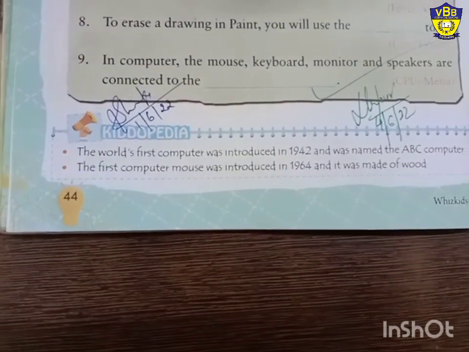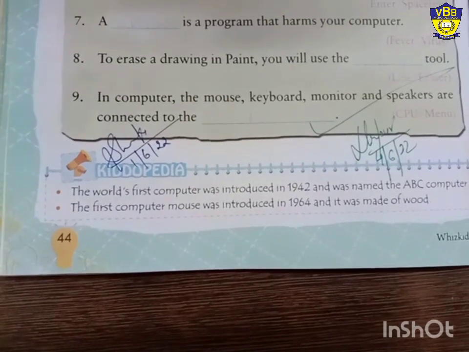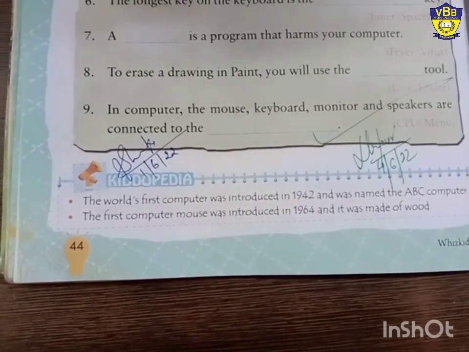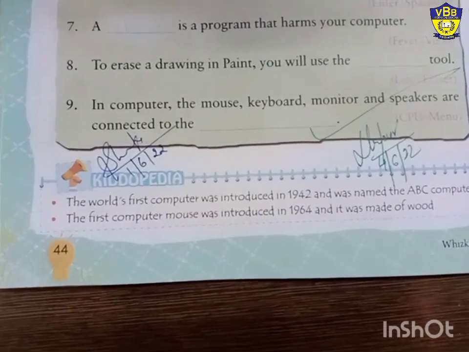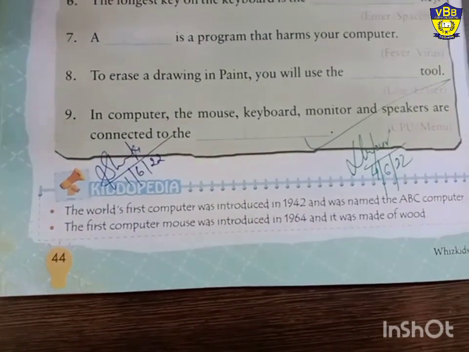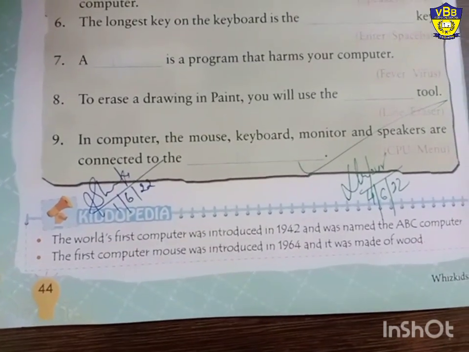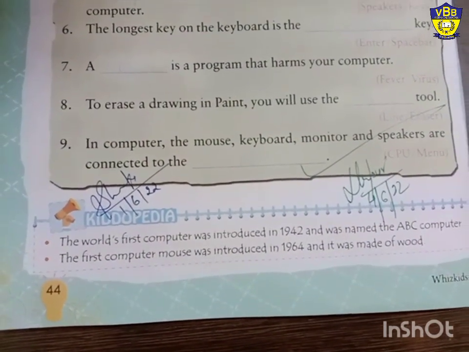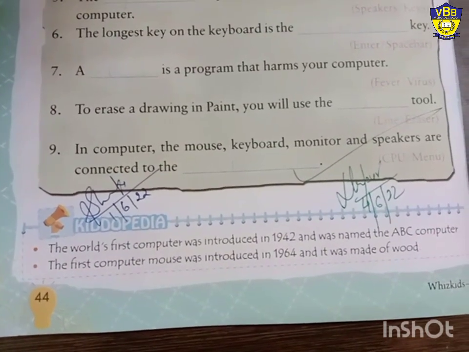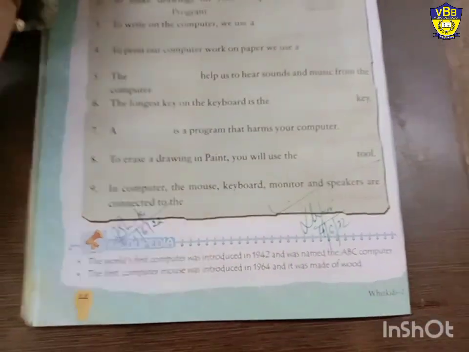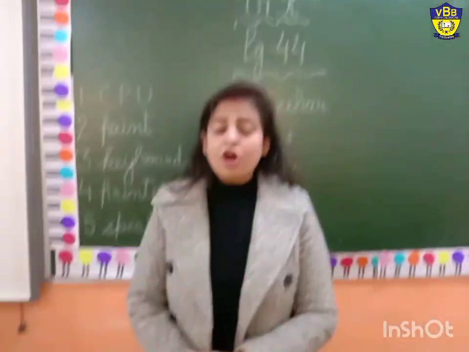That was the first computer which was introduced in 1942, and that computer's name was ABC computer. Okay, this also you have to learn. And the next one is: the first computer mouse was introduced in 1964 and it was made of wood. The first mouse was made of wood.